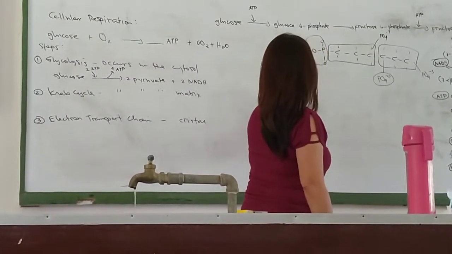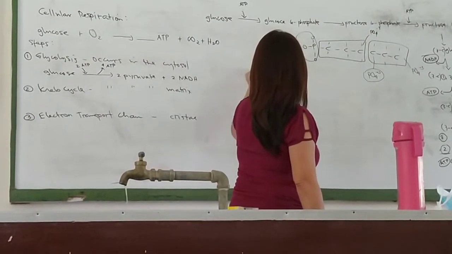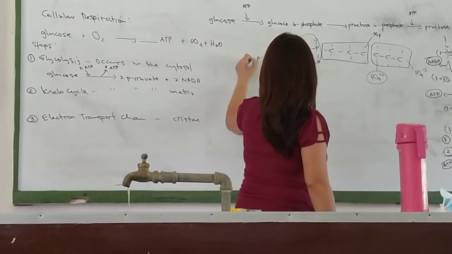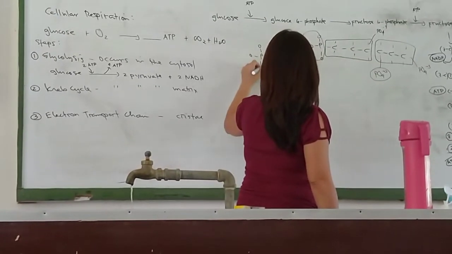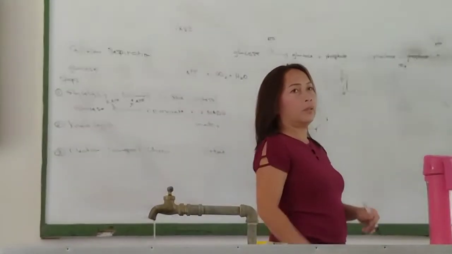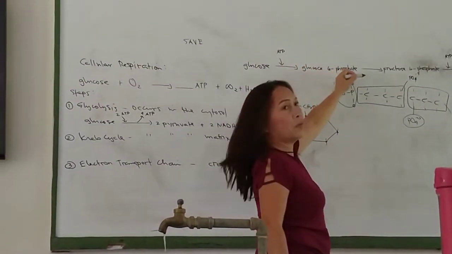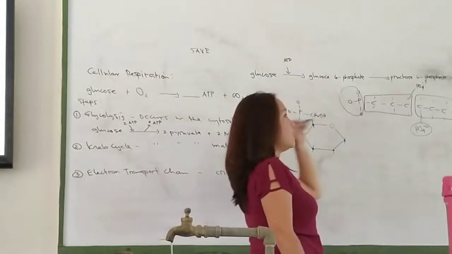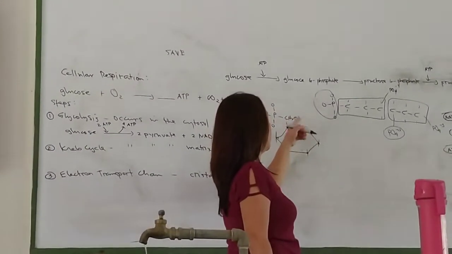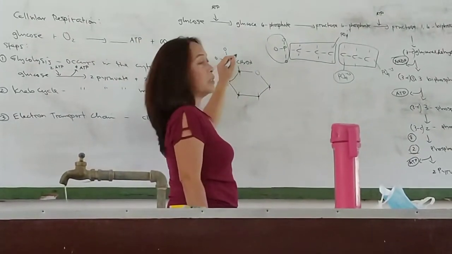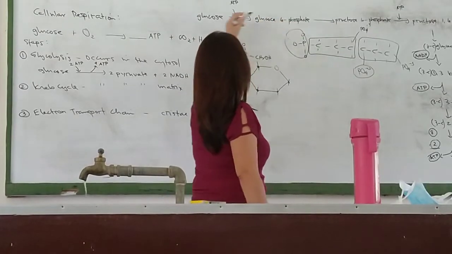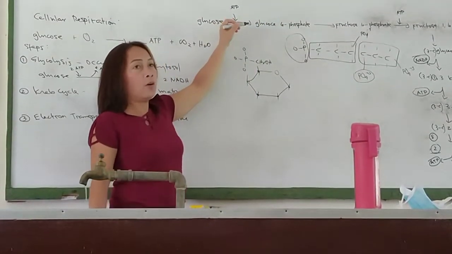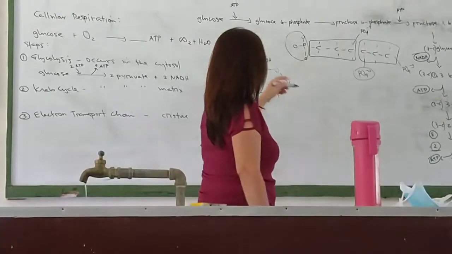This is the first carbon, 2nd, 3rd, 4th, 5th, and 6th. So this is where your phosphate is attached. Are you with me? That's why this becomes glucose 6-phosphate. Meaning there is addition of phosphate on the 6th carbon of glucose. 1, 2, 3, 4, 5, 6. So there is glucose phosphorylation, catalyzed by the glucokinase.